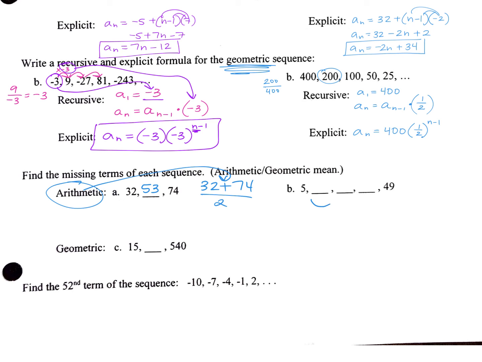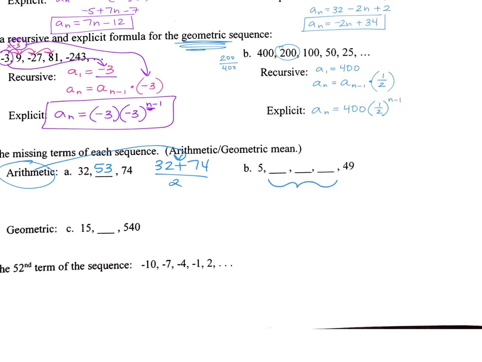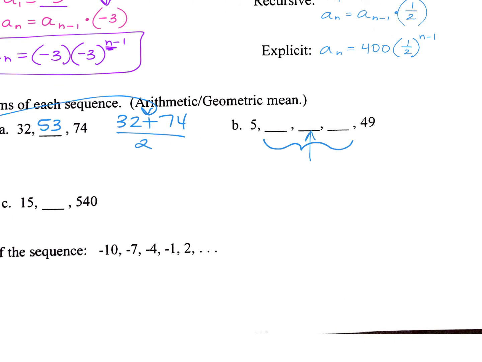How do you do it if there's 3 blanks in the middle? Find the middle one. Okay, so it's 5 plus 49 divided by 2, and that comes out to 27. Then you can do 5 and 27 and divide by 2, and you get 32, so 16.